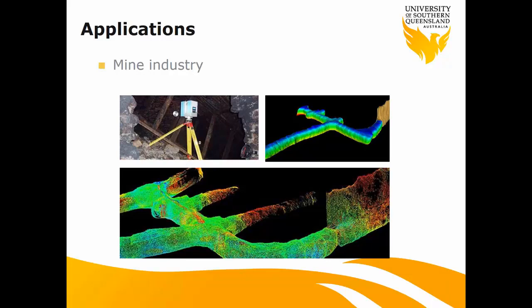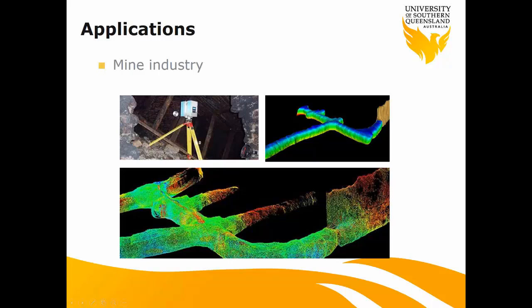Underground mine industry. This one is also Eyesight, but it's a phase-based laser scanner. But it's good enough, because for the underground mine industry it's a short range, that's good enough.